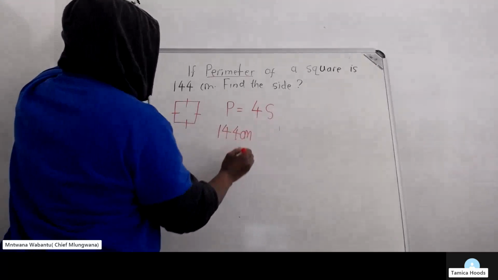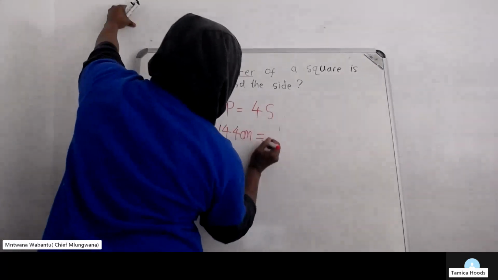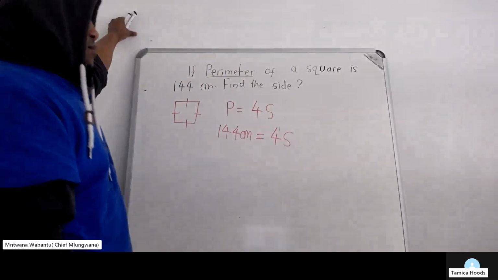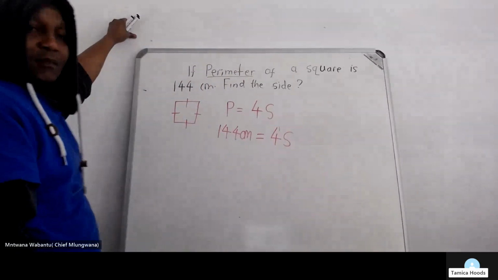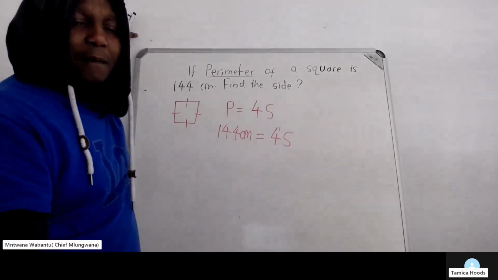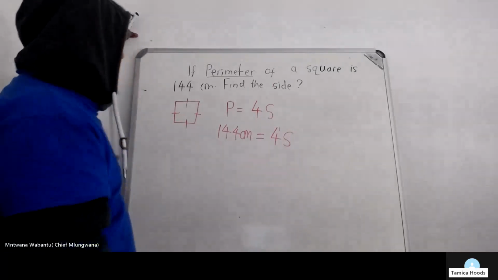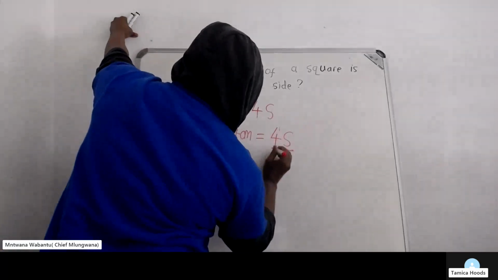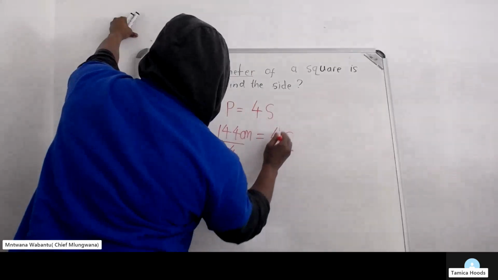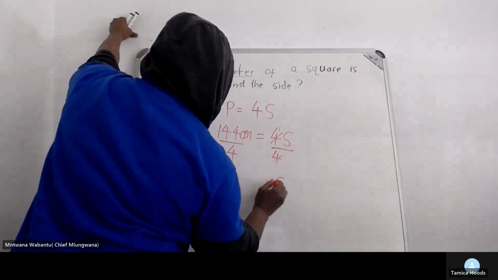And then we write 144 equals 4 side. After that, we are going to divide. We are going to say 4s divided by 4, and then 144 centimeters divided by 4.